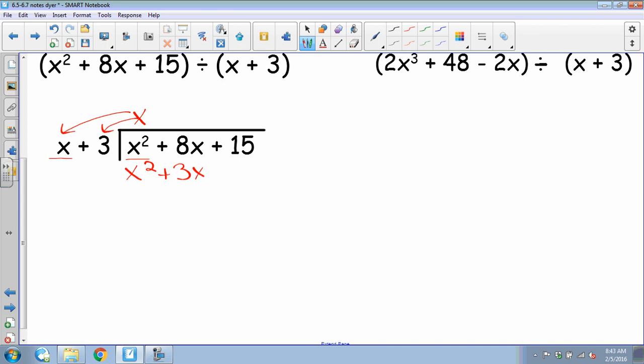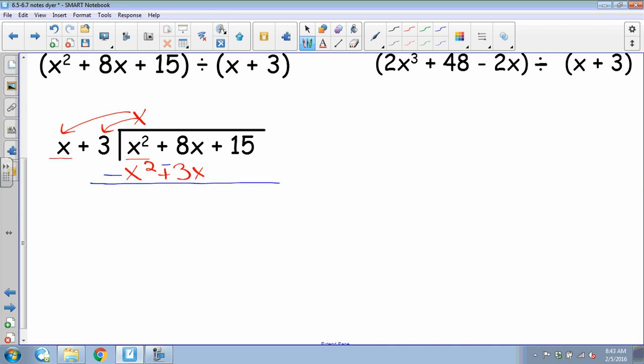So we're going to subtract this polynomial, but what do you think is going to happen to both of these signs? Both signs are going to change. That's the only thing that's a little bit different from regular numbers. The subtract step means change the signs of both of these. So this is going to become negative x squared, and this is going to become negative 3x. That's the subtract step.